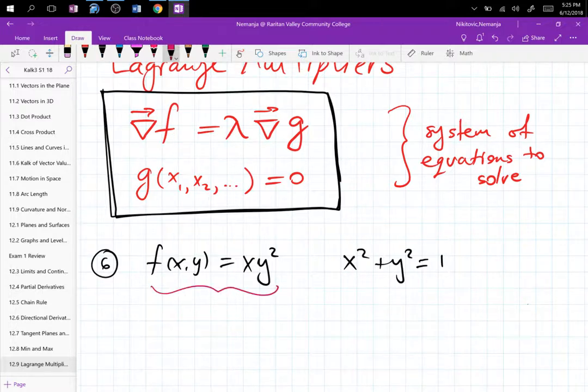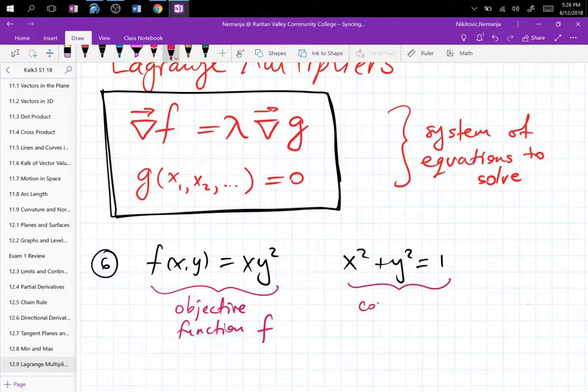This is called the objective function, and that's going to be your f. And this one over here is called the constraint, known as g.